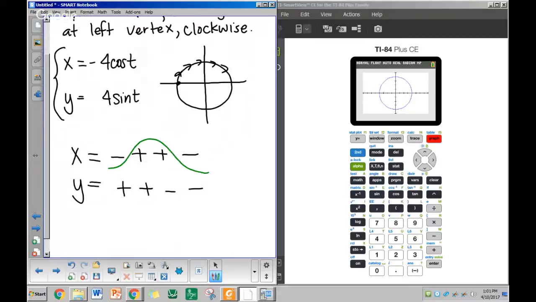So that means I have to have what in the x spot? A negative cosine curve. And sine starts on the midline, so it's going to look like this. This is a negative cosine curve, and this is a positive sine curve. Do you see that?